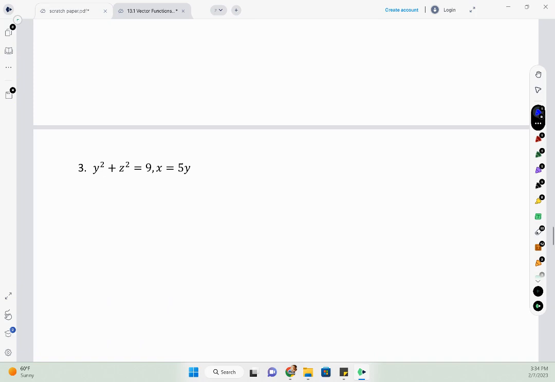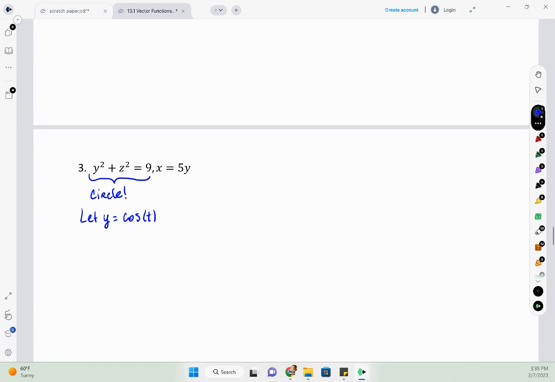Whenever I'm doing this, I'm always looking for circles, because whenever there's a circle as one of my equations, that means I should use the cosines and the sines, okay? So I have y squared plus z squared equals 9. I'm going to let y equal cosine of t.